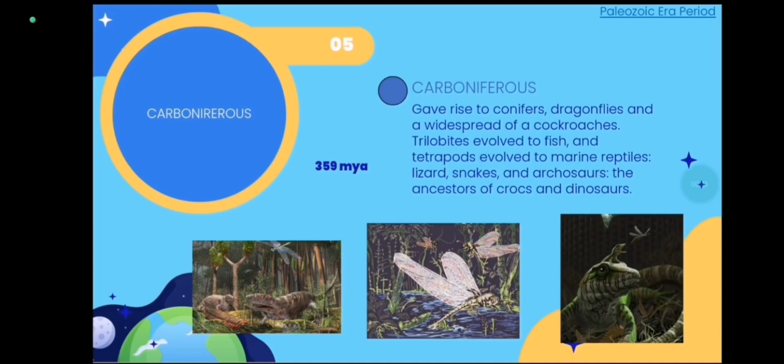So dragonflies and cockroaches have lived on Earth that long. And it is said here that trilobites evolved into fish in order to survive, and the tetrapods became lizards and snakes. And then here began the rise of the archosaurs, the ancestors of crocodiles and dinosaurs, because the next period is already that of the dinosaurs.